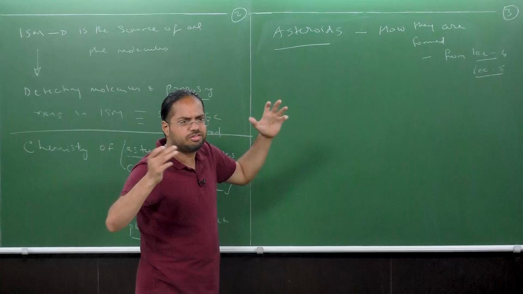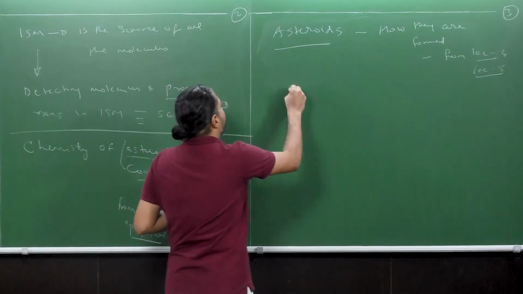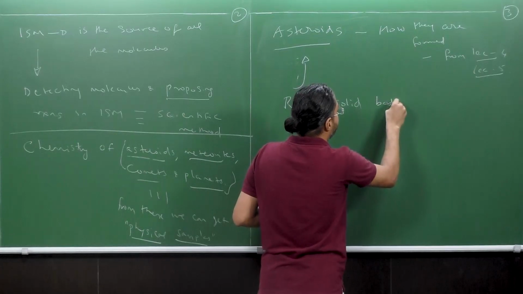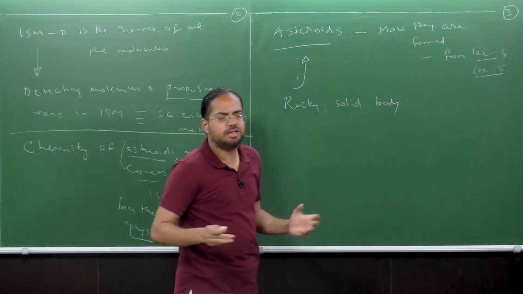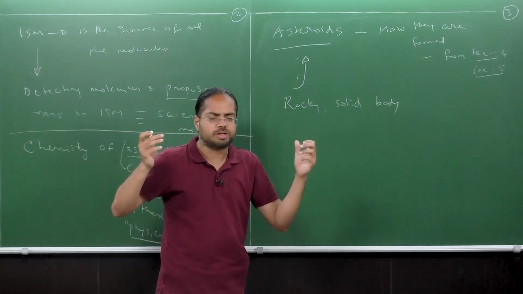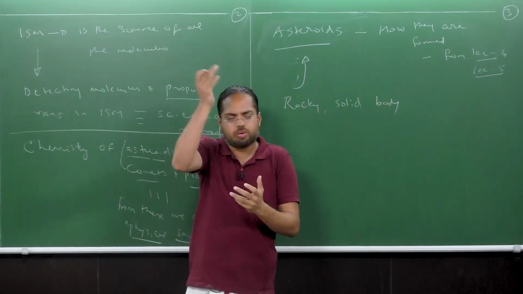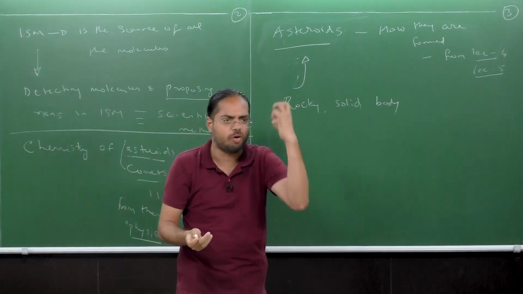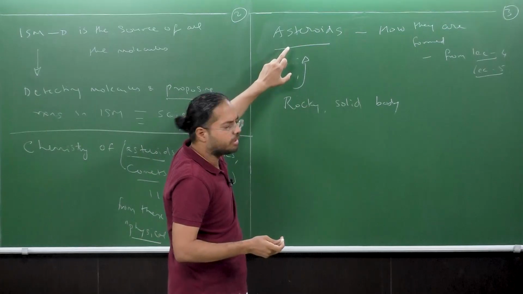Well, an asteroid is a rocky solid body that contains quite a lot of inorganic material that comes out of the giant molecular clouds, right? The giant molecular clouds as a protostar is getting formed. So that is what an asteroid is.